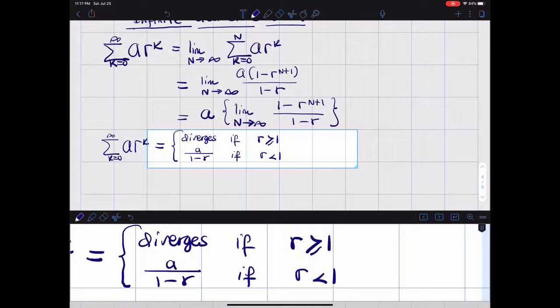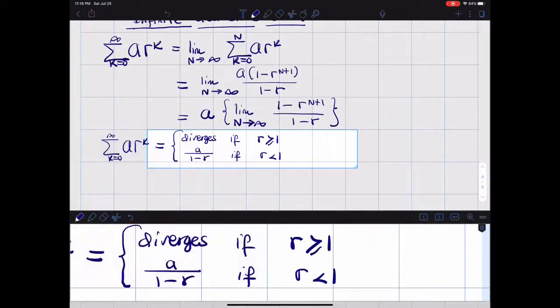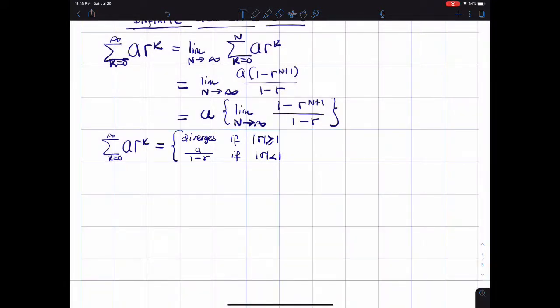But I'm going to consider the case where r is positive or negative. It doesn't matter if r is positive or negative, we're going to get the same answer. So let's just use the absolute value of r here. This is a big result that I want us to remember.